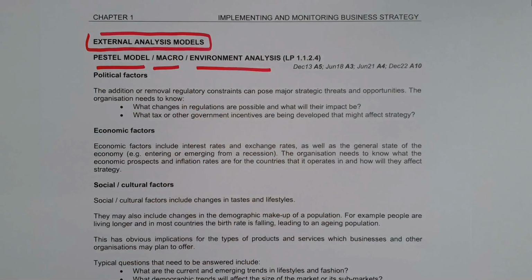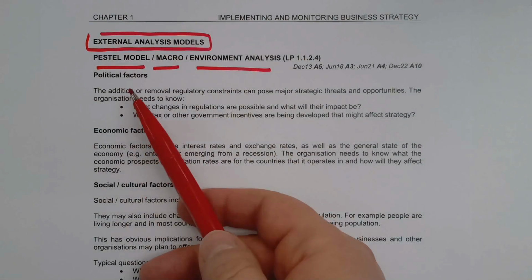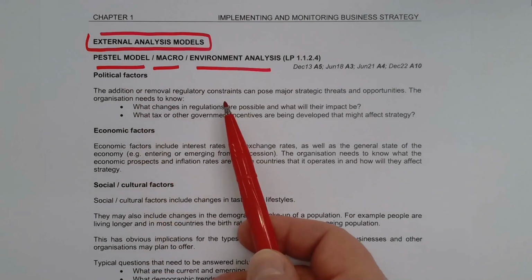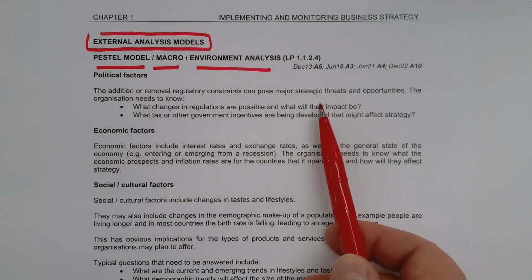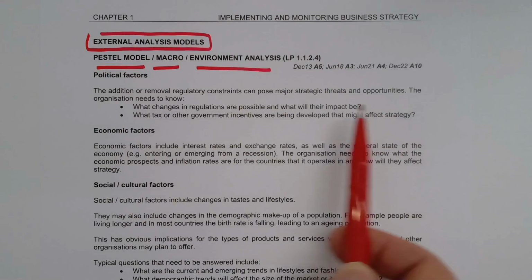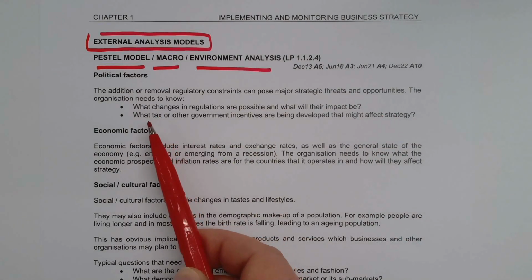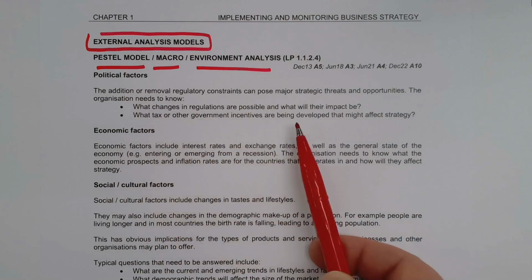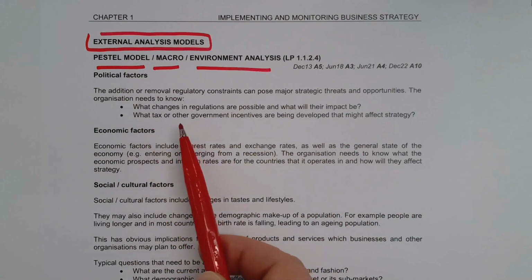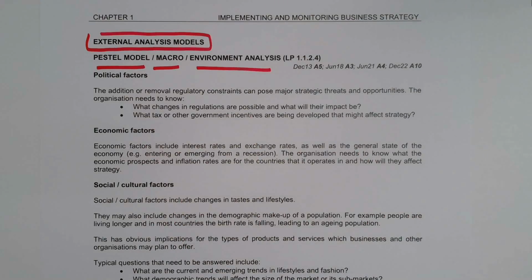I'm not going to read all the way through this, but political factors is things like the addition or the removal of regulatory constraints. These can give us problems, major strategic threats. They can also provide opportunities. It all depends. We're thinking about maybe what changes in regulations are possible, what will be the impact, maybe what tax or government incentives will be deployed, how could that affect our strategy.